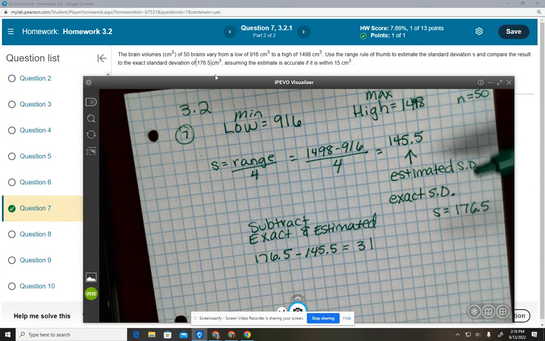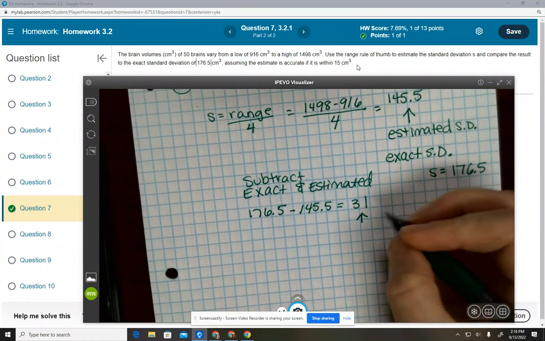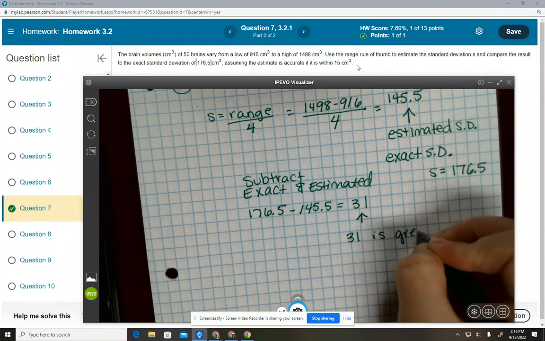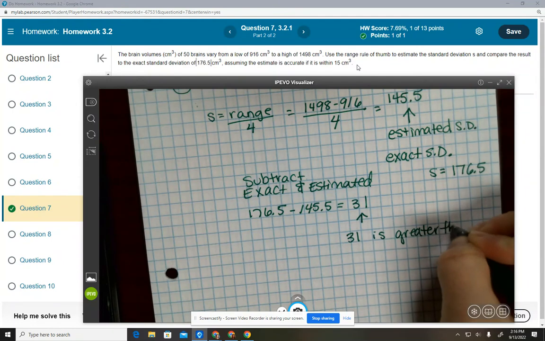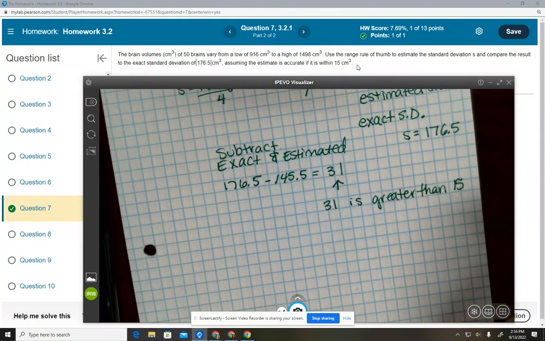And the key word here is we are going to compare the result to the exact, assuming the estimate is accurate if it is within 15. So this value, 31, is greater than the 15 that we're saying is accurate. Anything under 15 is considered accurate.